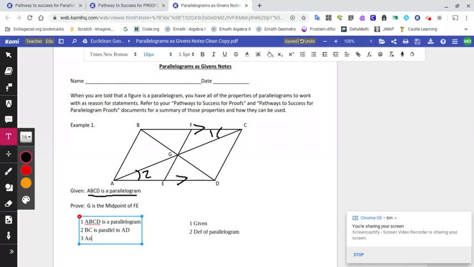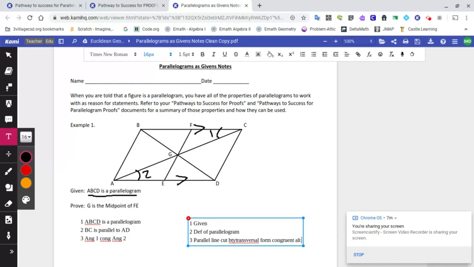Angle 1 is congruent to angle 2, and my reason will be parallel lines cut by a transversal form congruent alternate interior angles.